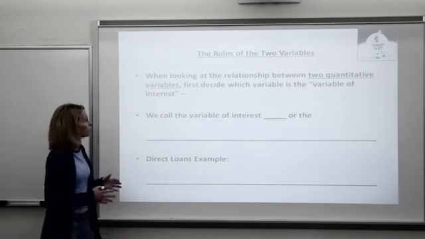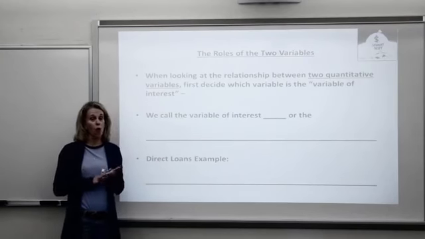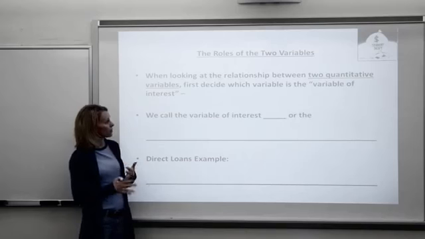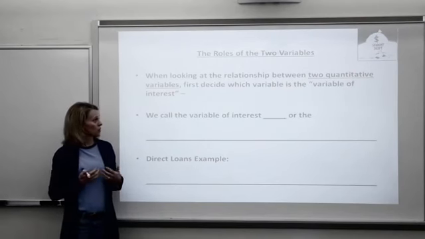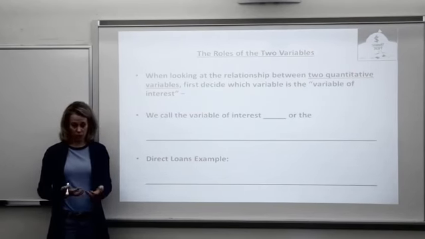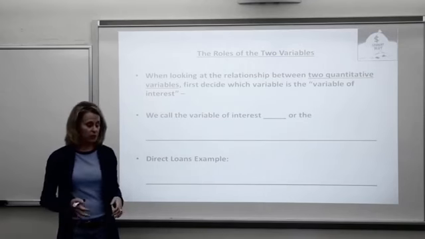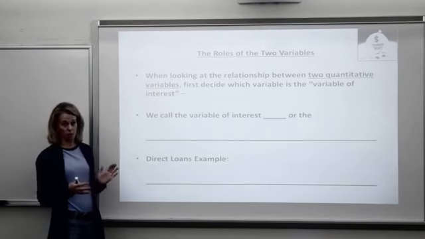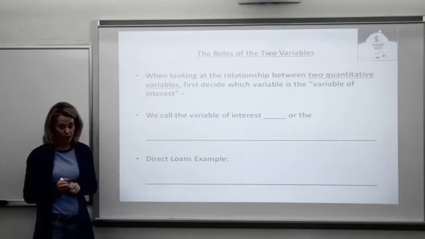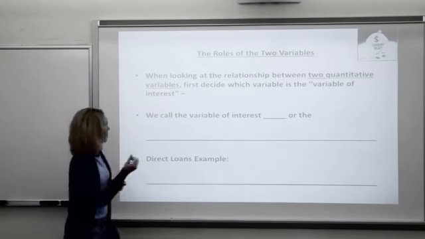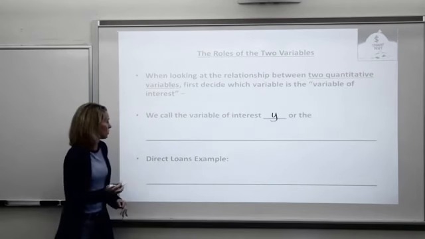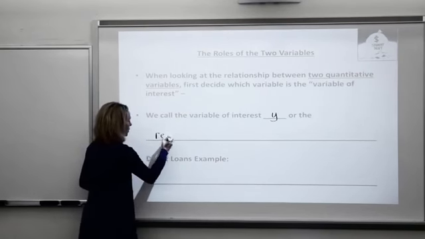Whenever we're looking at the relationship between two quantitative variables, and they have to be quantitative, the first decision that we need to make is which is the variable of interest. In this example, the variable of interest we'll call the y variable. When we end up making a graph, this will go on the y-axis. Another name that you'll see in statistics for this is the response variable.